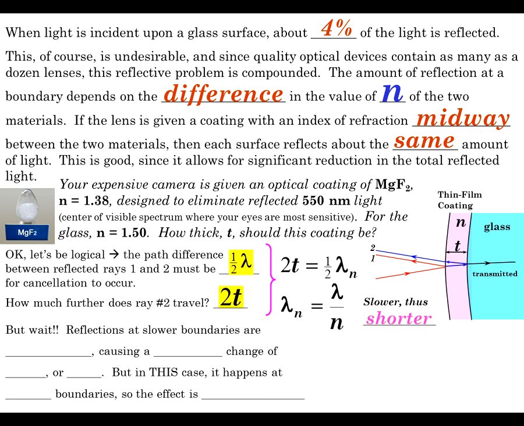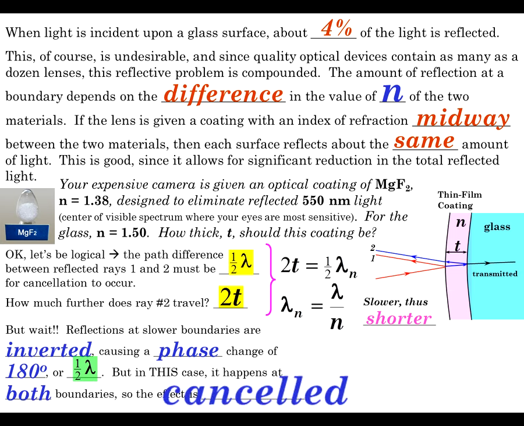And so those basically cancel each other. So reflections at slower boundaries are inverted, each having a phase change of 180 or a half a wavelength. 180 degree phase change is a half a wavelength. In this particular example, it happens at both boundaries, so you don't have to worry about it.